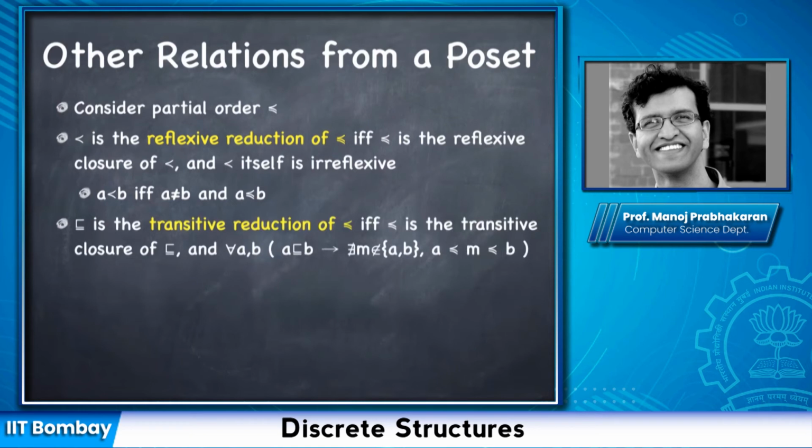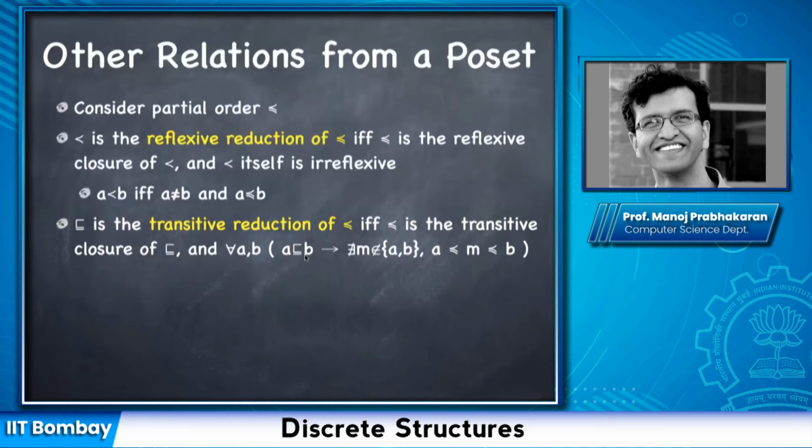But you don't want it to be the case that there is some other node that you could pass through in the original relation. So there's an edge in the original relation means it's a path in the new relation, right? Because the original relation is the transitive closure of the new relation. So there's a path in the new relation that passes through some node M other than A and B, and still goes from A to B. If that is the case, so if there is such an M, you don't want this edge.